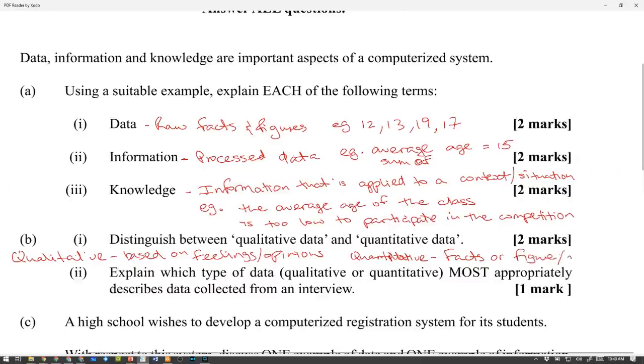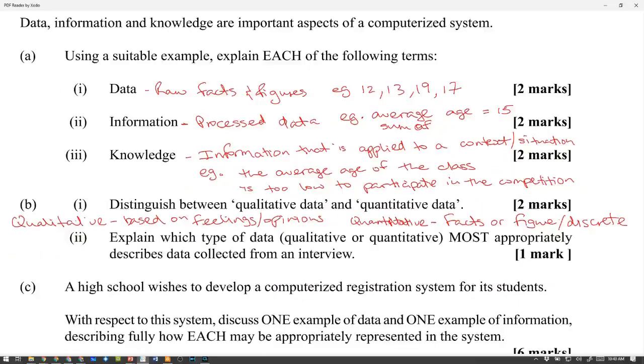I can say discrete. Usually that's a staple question that they always ask, and you should be able to handle that. And then you might be able to give an explanation. So sometimes the question will be 2 marks, sometimes it will be 4 marks, and you'll have to decide what example to put. Whenever you give qualitative, it's like taste and smell and touch and how you feel. Quantitative will be, it is 4 meters long, 6 meters wide. Those are discrete or facts, right?